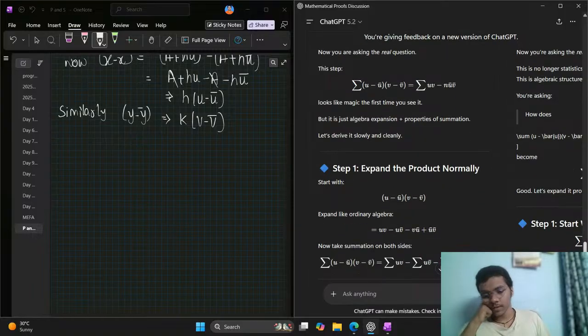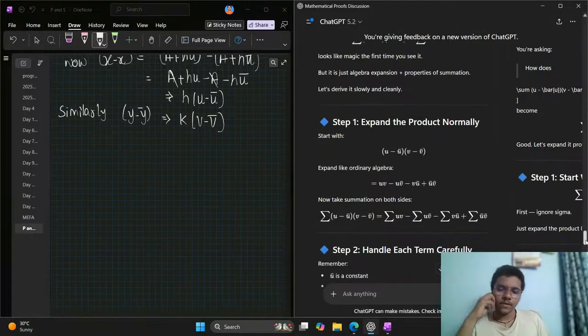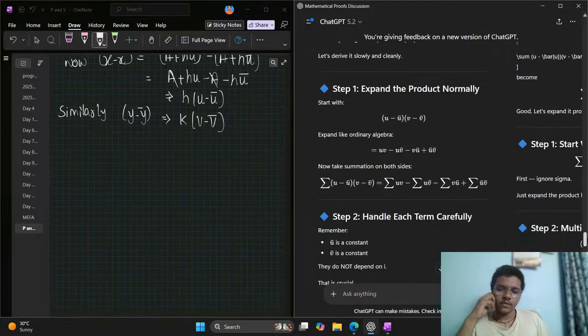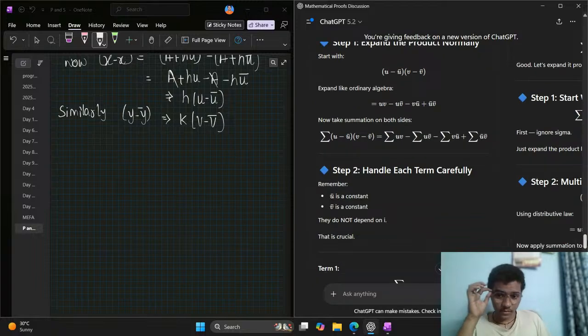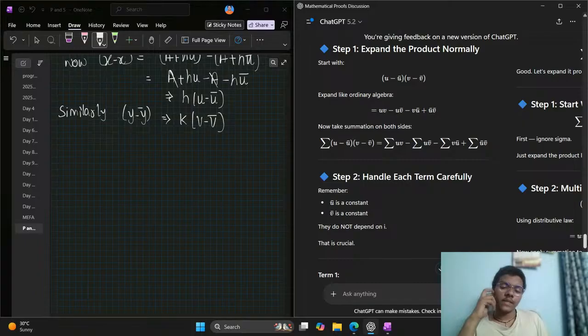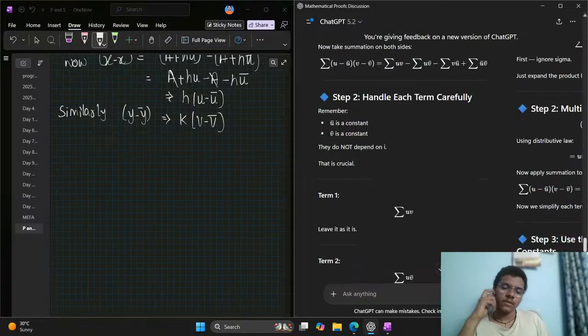Yeah, we do not know summation in the first place. Okay, okay, okay. Handle each term carefully. U bar, yes, that is a mean, that is a constant, it does not depend on i. That's true, that is crucial, okay.